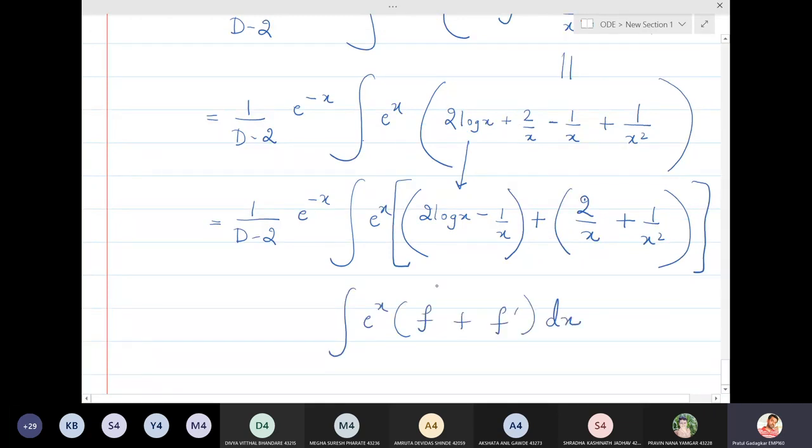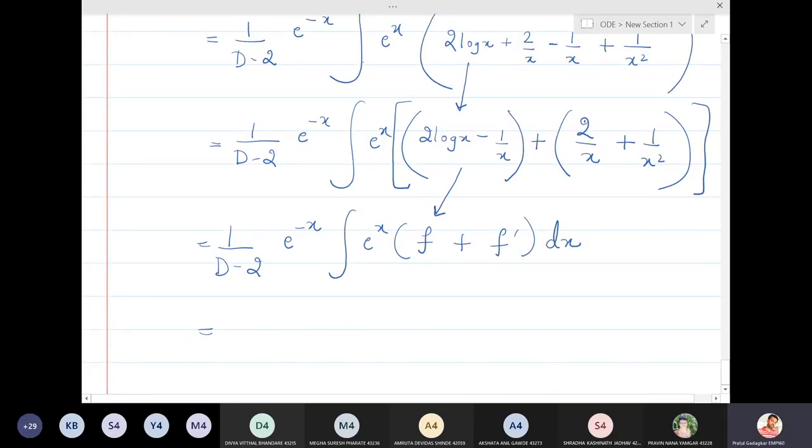So this is your f, which is equal to 1 upon D minus 2 e raised to minus x into the integration, which is e raised to x into f. What is f? f is 2 log x minus 1 over x.